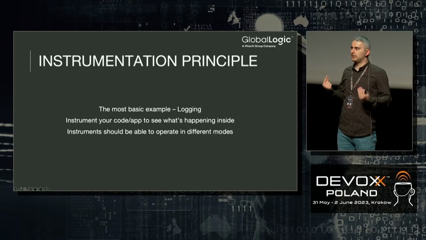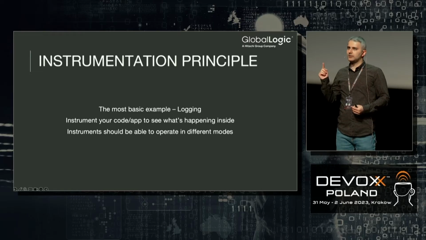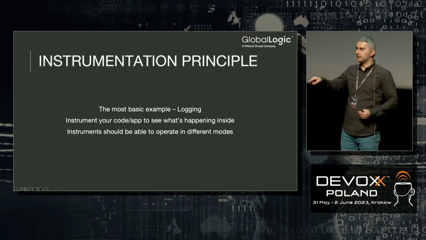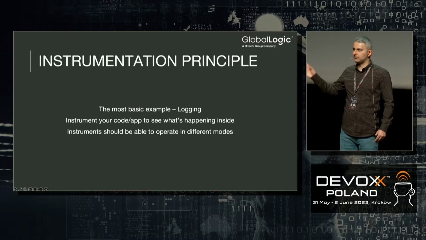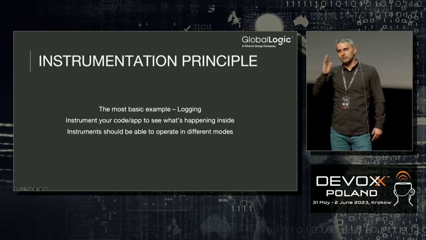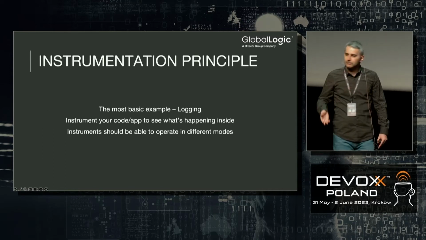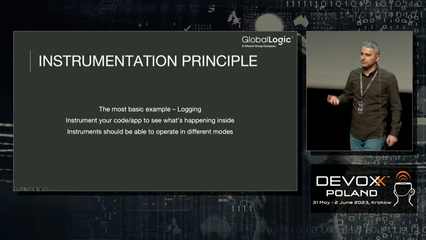It is a basic principle which says, write some code that will give you access to inside of your system, even in a live production environment or somewhere else. And to make it an instrument based on this principle, it should have a toggle on, off. Or maybe even some different operation modes, like logging, trace logging, or debug logging, and so on.